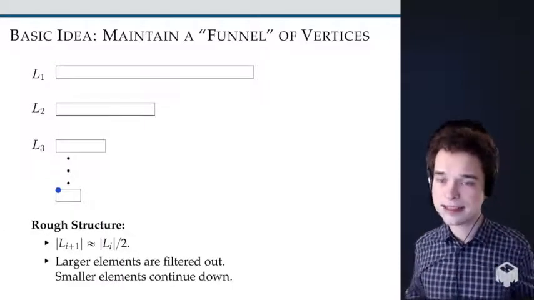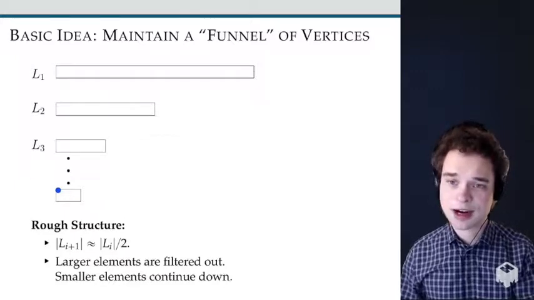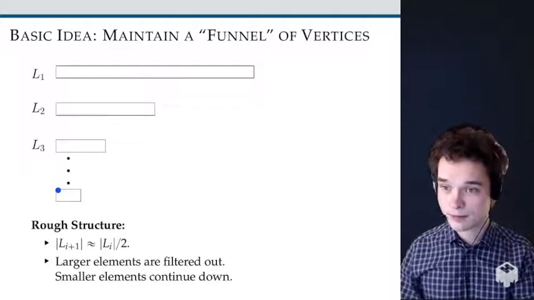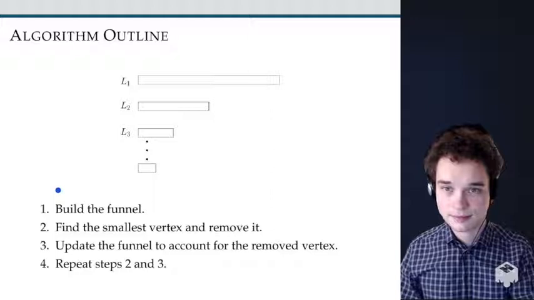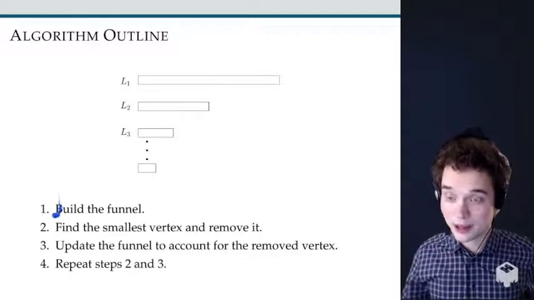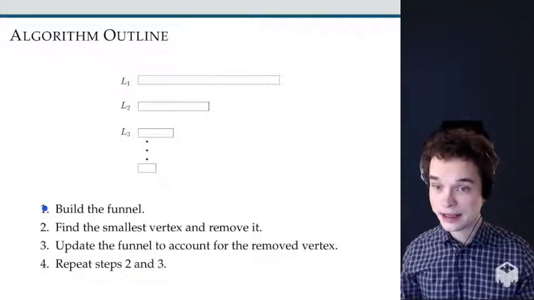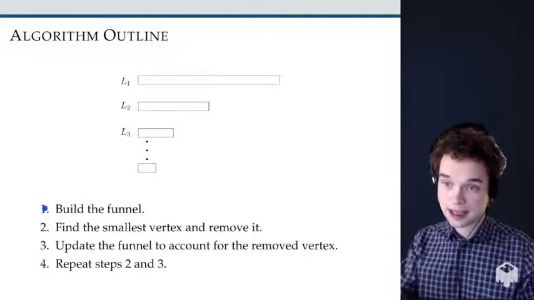Okay, so we'll go into more detail about the structure of this funnel in a second, but first let me describe the high-level structure of our algorithm. First we build this funnel, then we use this funnel to find the smallest vertex in our graph and remove it.